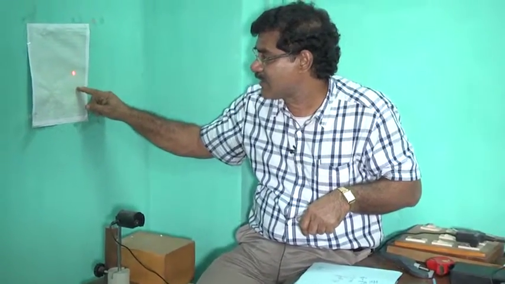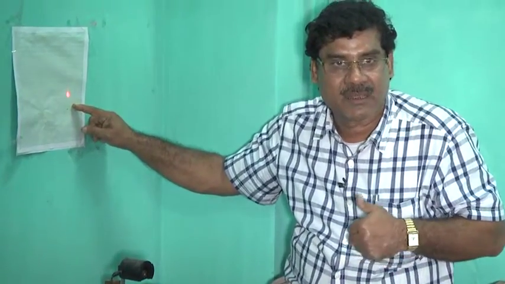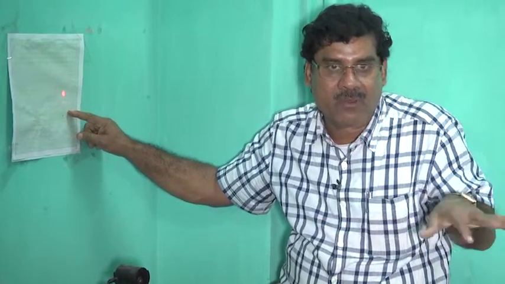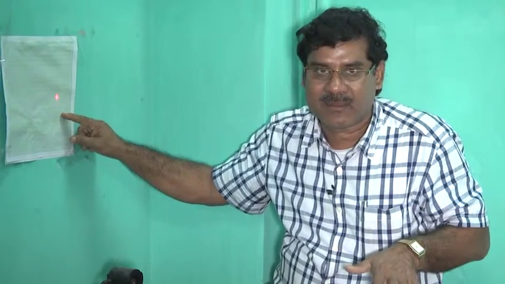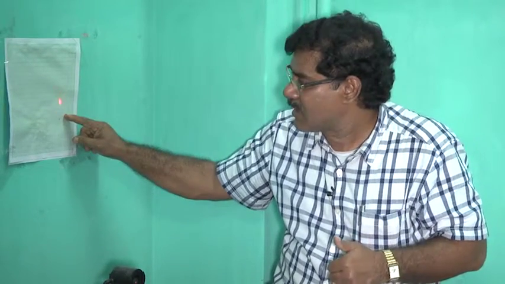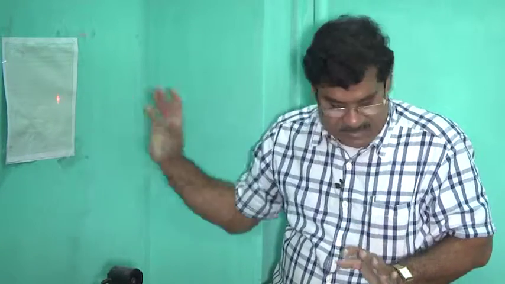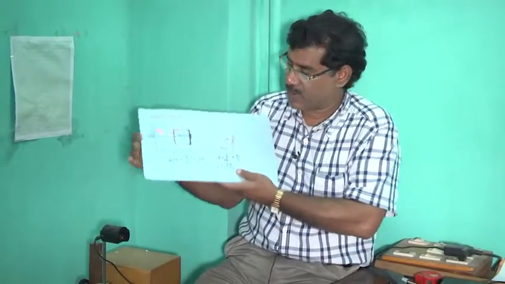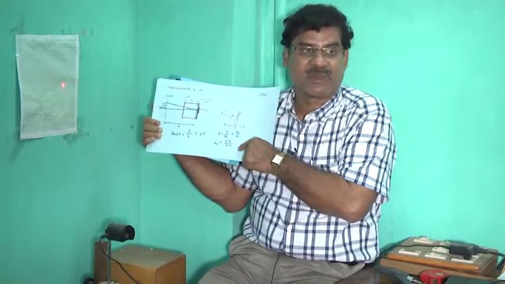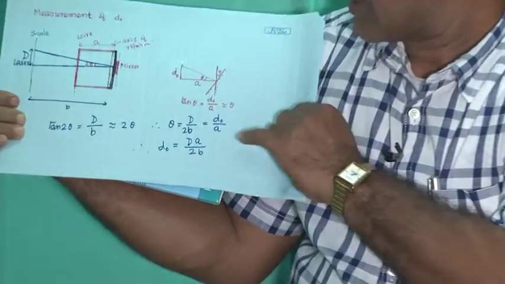The least count of this graph paper is 1 millimeter. So for all length measurements we have used a scale with a least count of 1 millimeter, that we should note down. So this is the way we will find out D0. So this part is done.